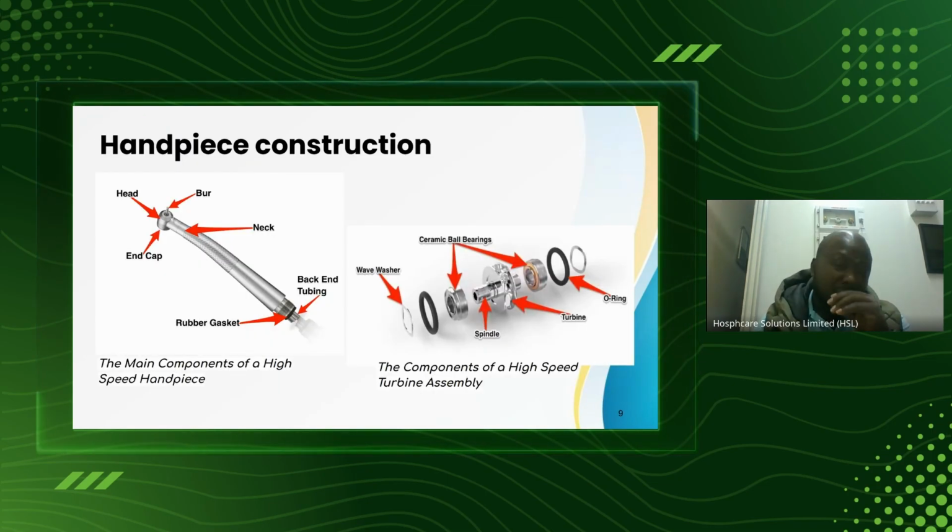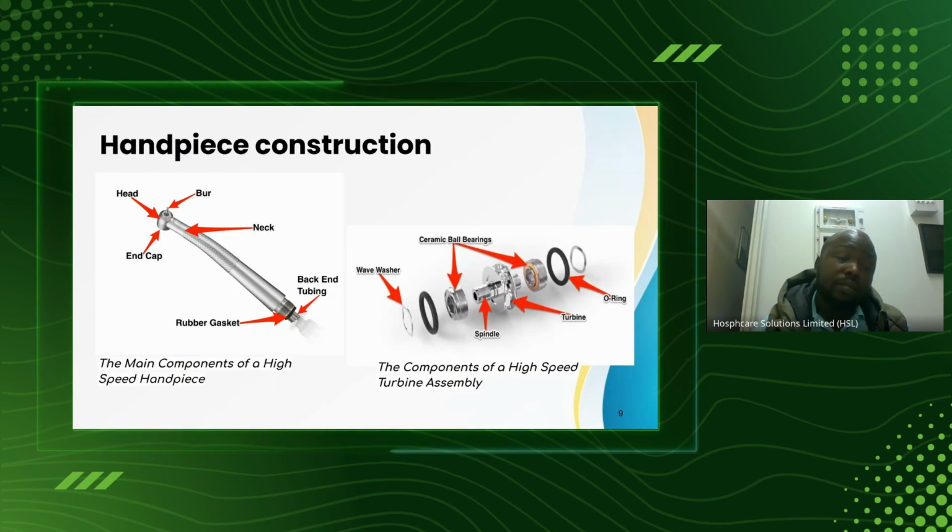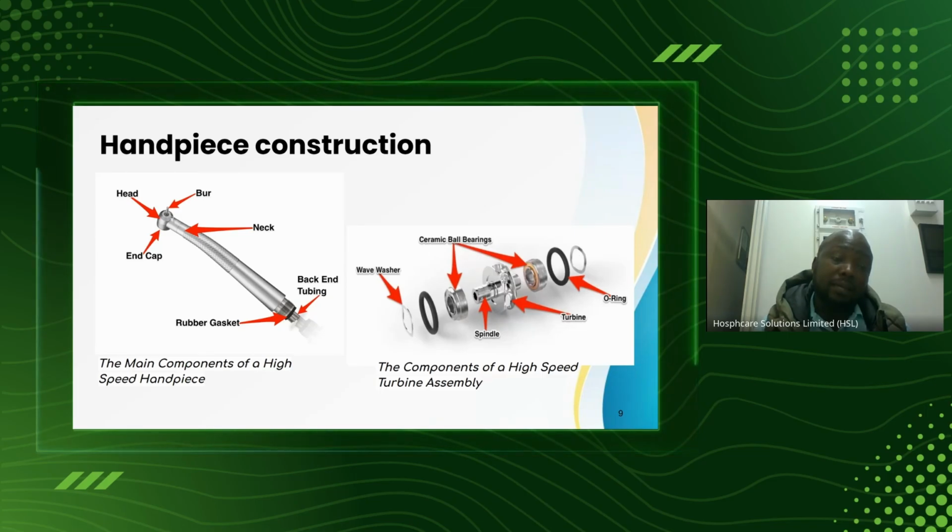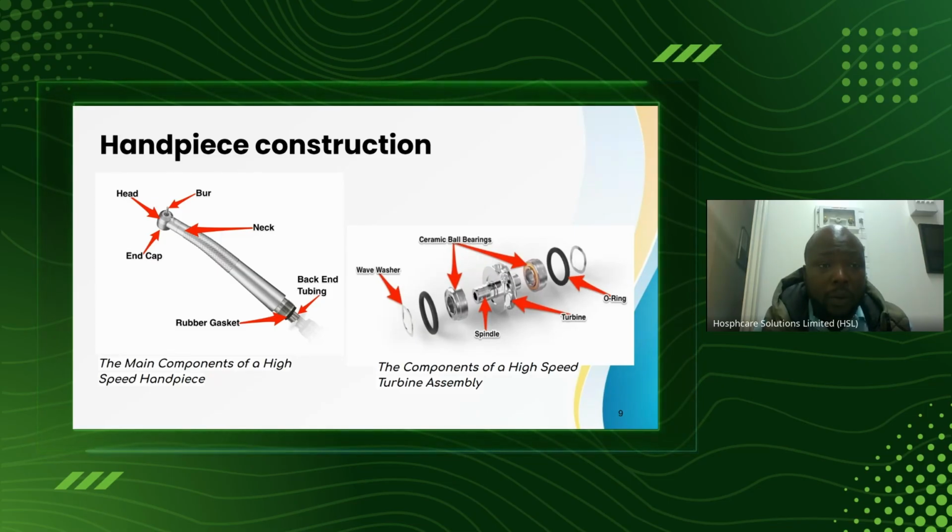So up to this point, we have now the turbine itself. We call it the handpiece. Whatever we have here is a high-speed handpiece. It's a 4-hole high-speed handpiece. At this point is where we have the cartridge.